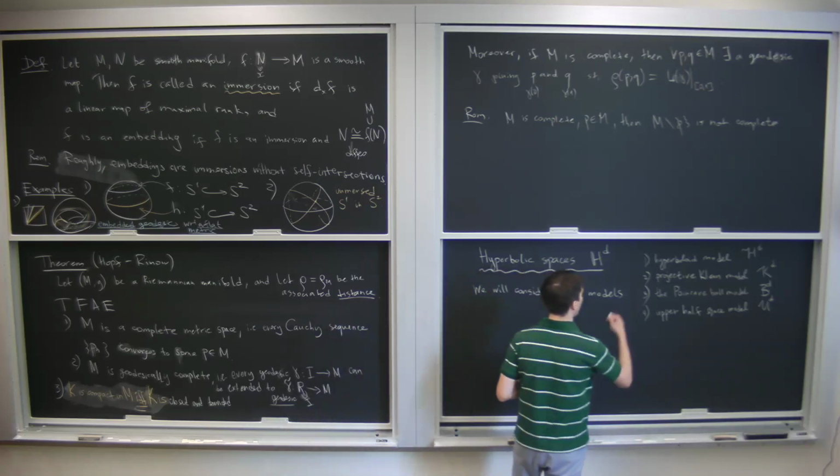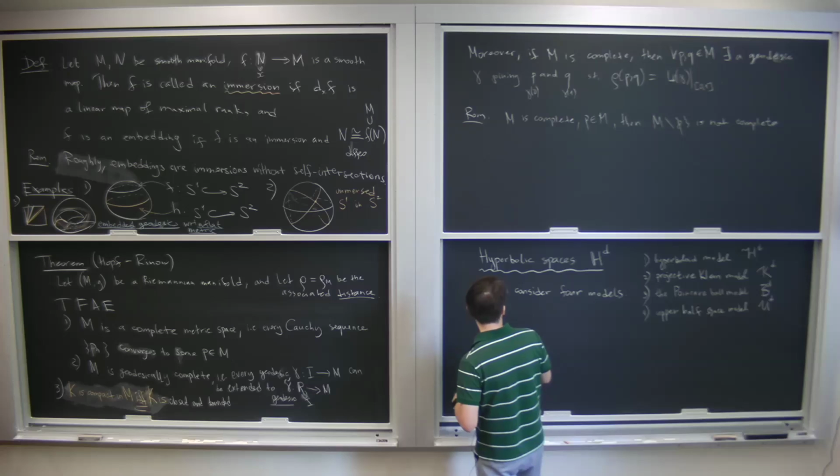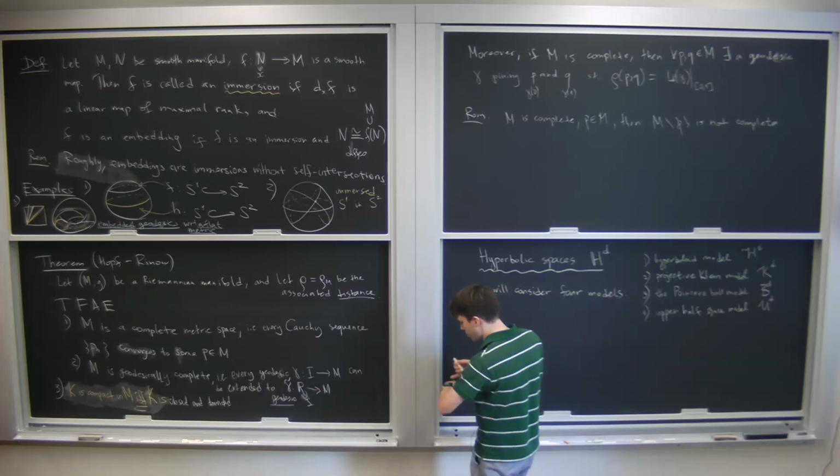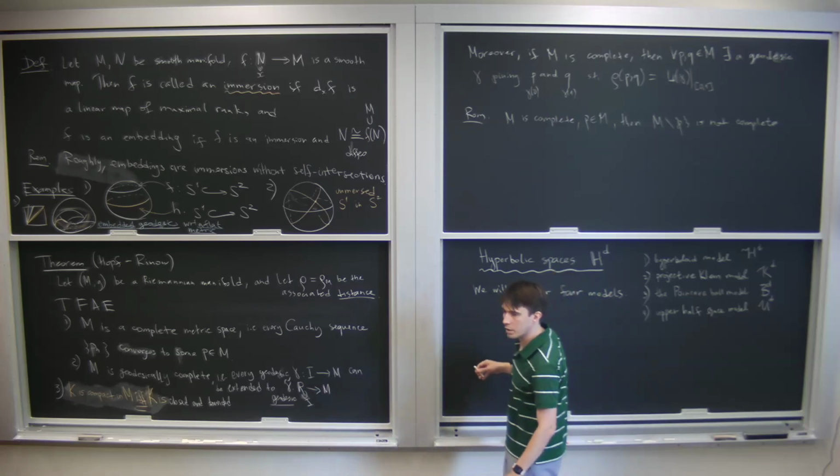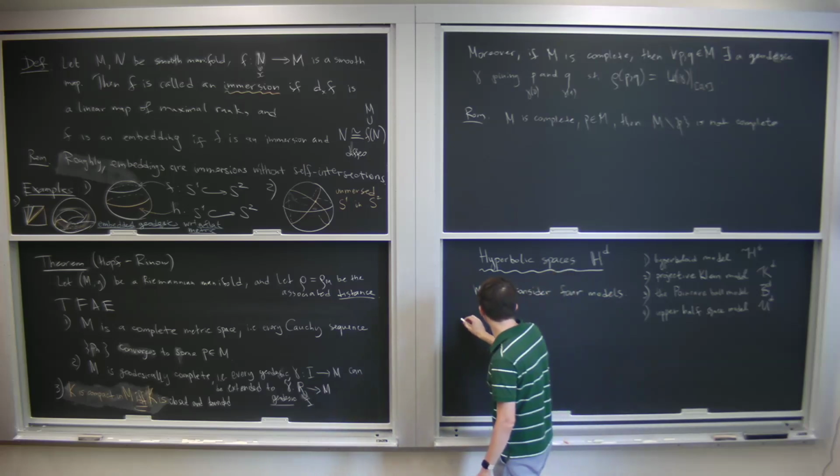Okay, so I will start with the hyperboloid model, and I will probably draw a picture and simply explain how it looks, and then we will make a break. So the hyperboloid model.